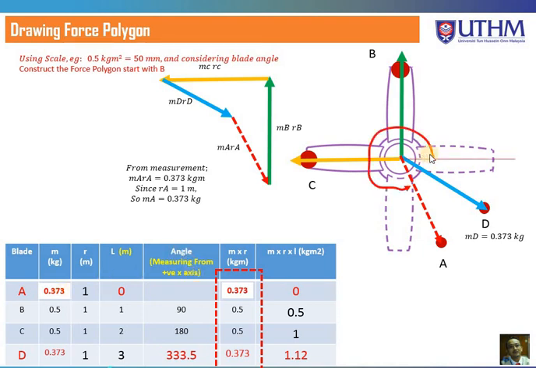Measuring the angle from the positive x-axis towards mass A, you reveal the angle is 296.5.